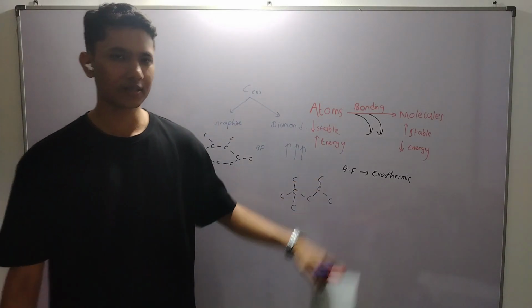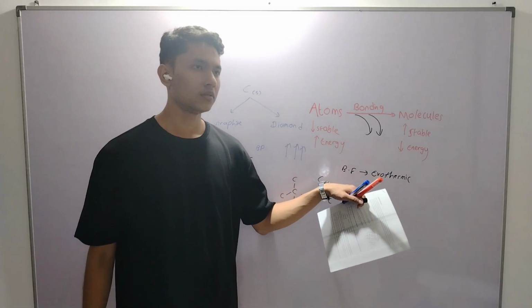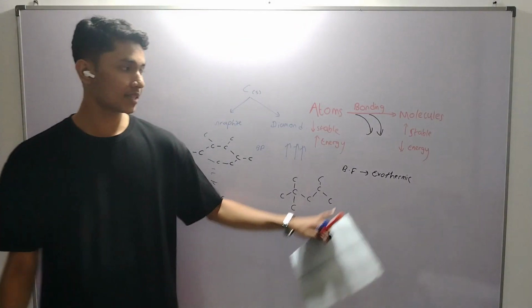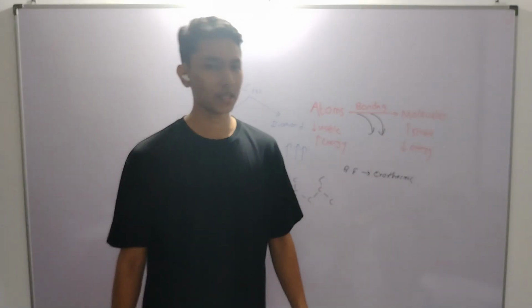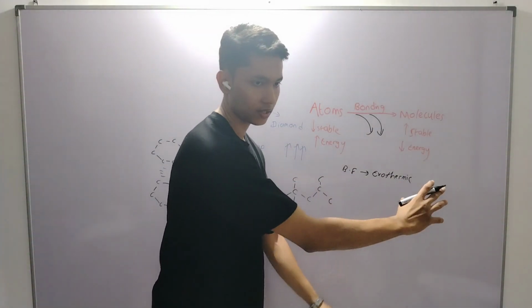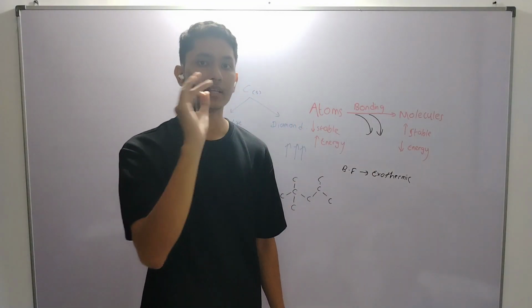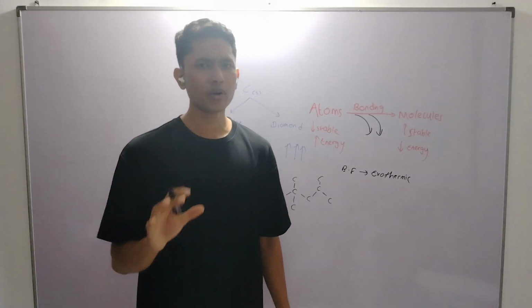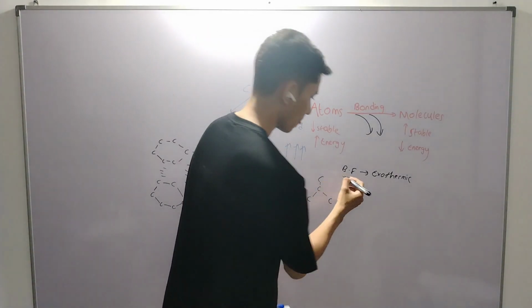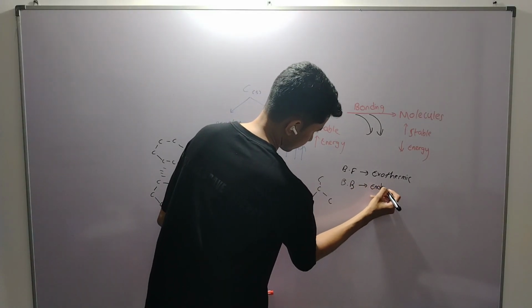You will learn about this in detail in the 5th unit, but maybe in a term test they can ask an MCQ. So just remember this. High energy to low energy, energy is released, therefore exothermic. If bond formation is exothermic, then bond breaking is endothermic. Listen carefully, bond breaking is endothermic.